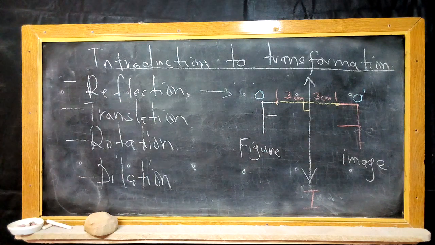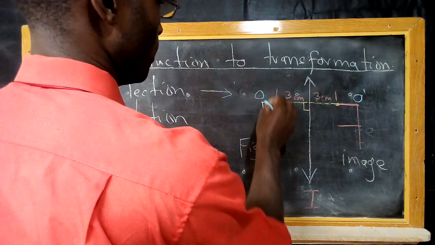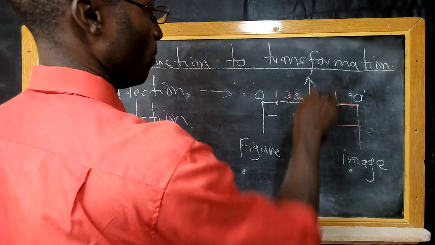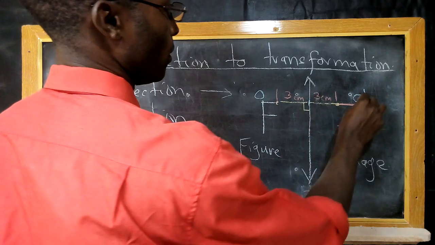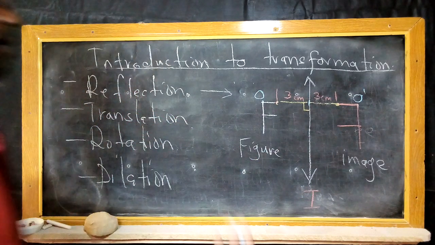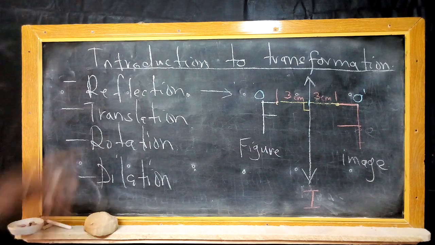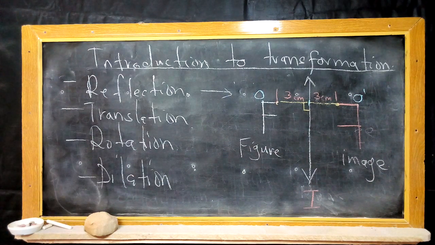That is one of the characteristics of reflection: the length of the sides is preserved. One of the characteristics of reflection as a transformation is that the length of the sides are preserved.